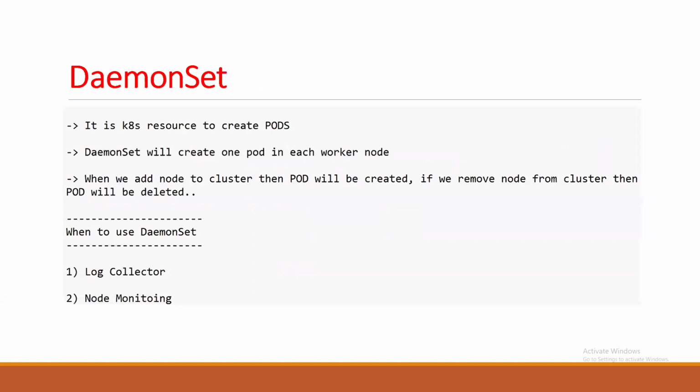So it's a K8s resource to create the pods. A daemon set will create one pod in each worker node. When we add a node to the cluster, the pod will be created. If we remove the node from the cluster, then the pod will be deleted. So when do you use the daemon set? For the log collector and node monitoring.